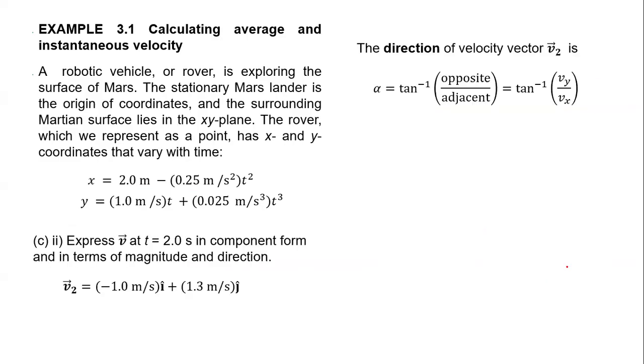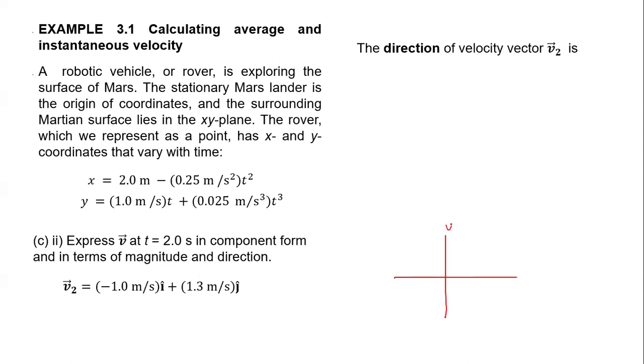In terms of direction, how do you get the direction? Okay, so this is our v2. If I'm going to plot this, this is your y, this is your x. V2 has a negative x component, and it has a positive y component, v2y. So it must be in the second quadrant.